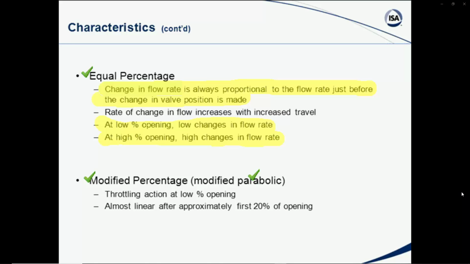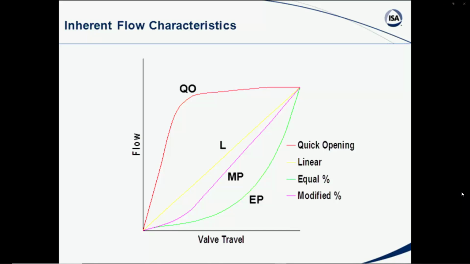Now the question, some people say, well, why do you need all these different types of characteristics? It is because you have all different types of control characteristics that you need based on the type of control system that you might have. If you look at these characteristics plotted, this is the quick opening, the linear, the modified parabolic, and the equal percentage.